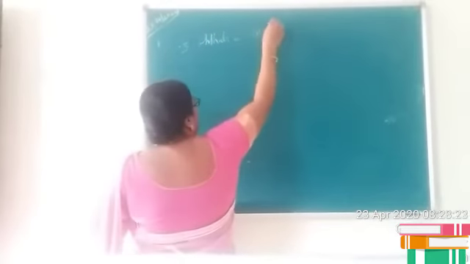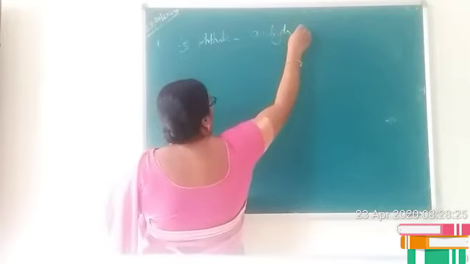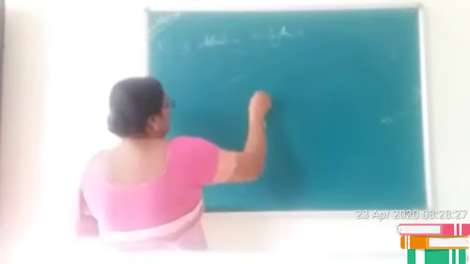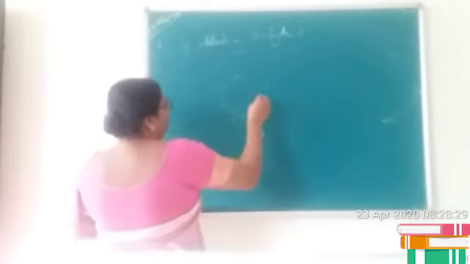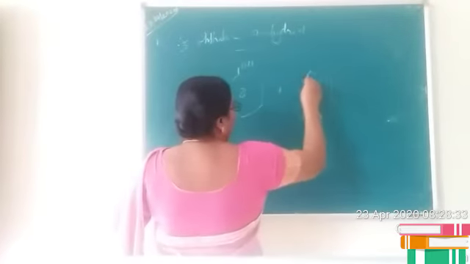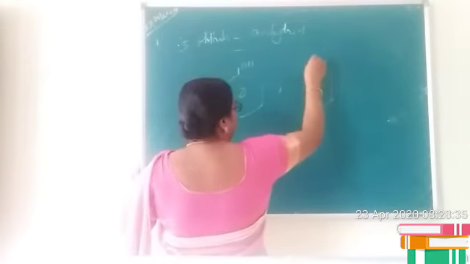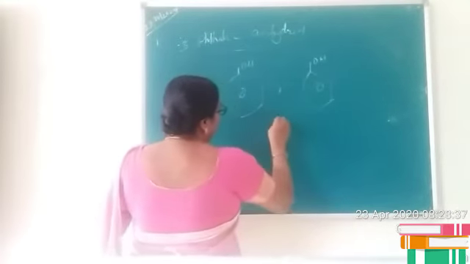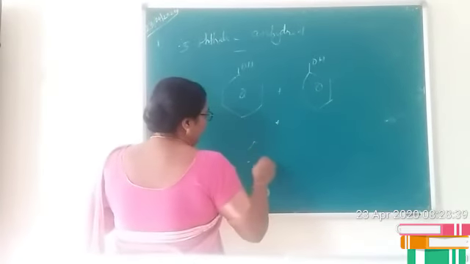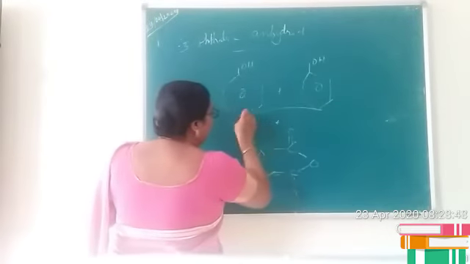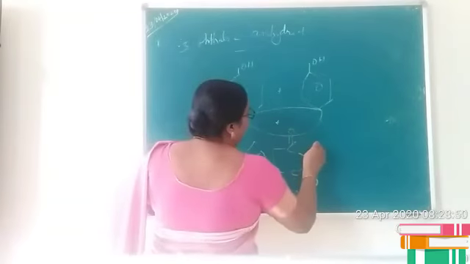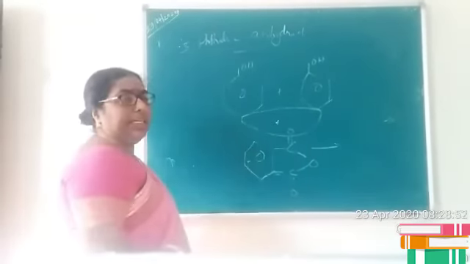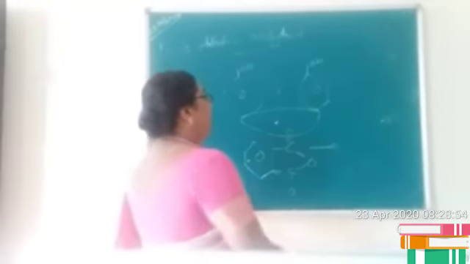Next one, let us consider the reaction with phthalic anhydride. In this case, two molecules of phenol undergo reaction with phthalic anhydride and eliminate a molecule of water, and the resulting product, which is used as an indicator, is called phenolphthalein.